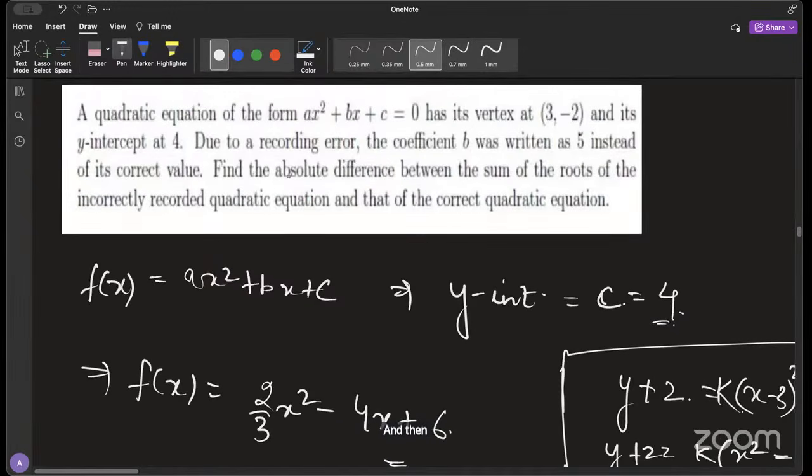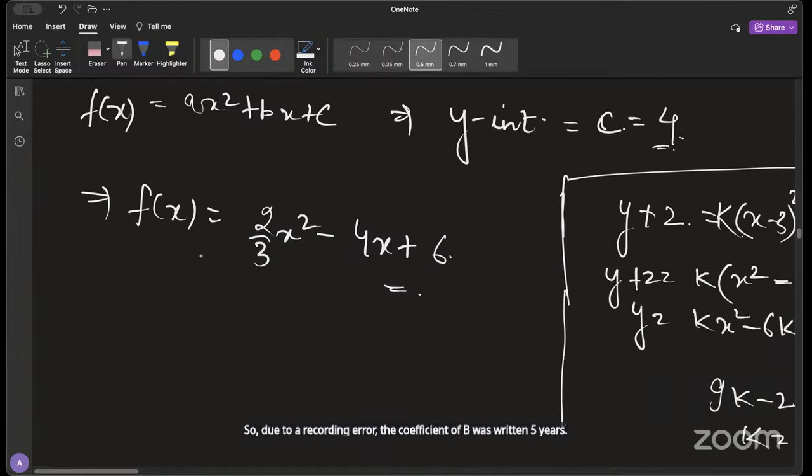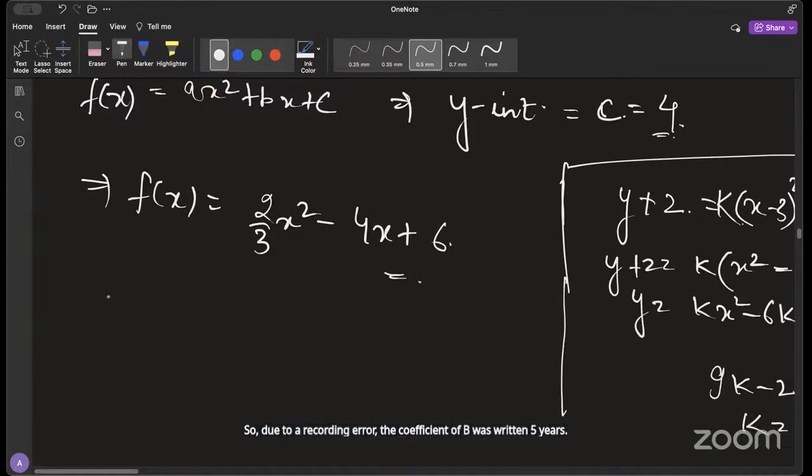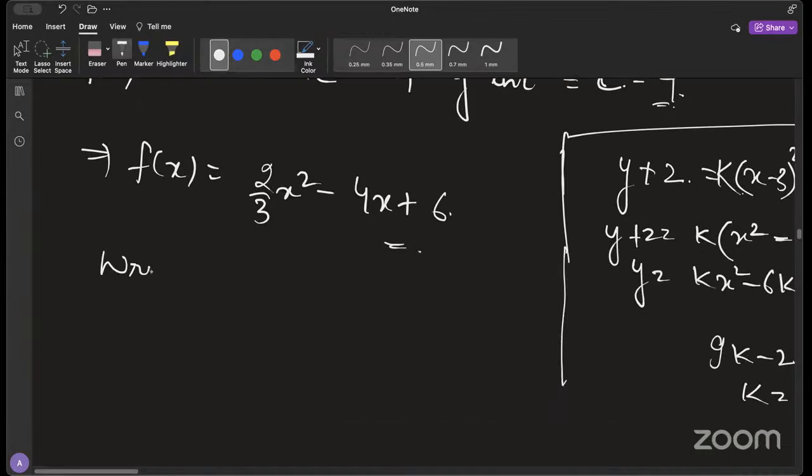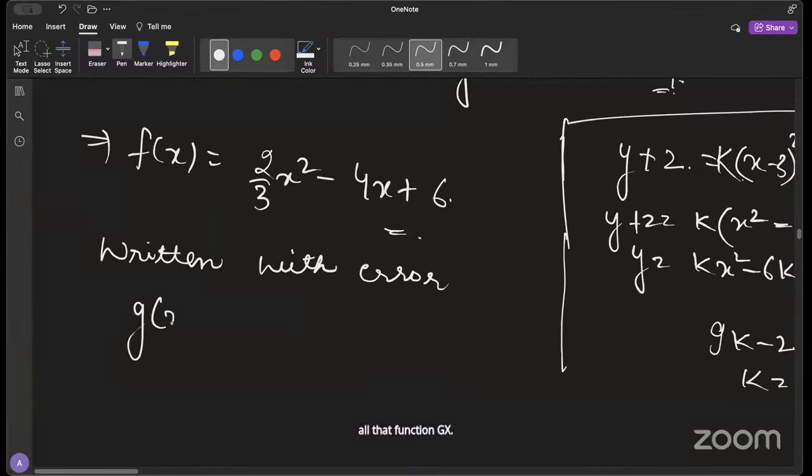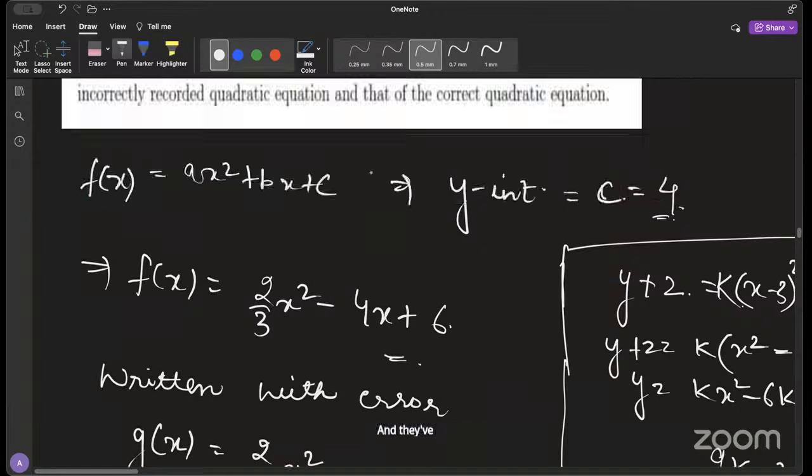And then this says find the absolute difference between the sum of the roots of the incorrectly recorded. So due to a recording error, the coefficient of b was written 5. So gx is 2 by 3 x square, and someone has made a mistake in writing the coefficient of x, and they've written it as 5, right?